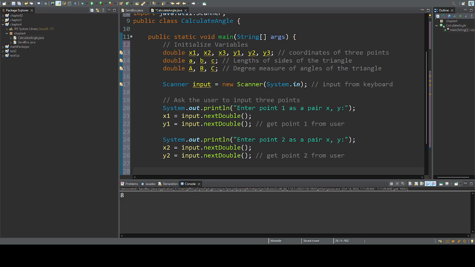All right, so I'm keeping track of things here. Right now I know what I need to input. I need to input 3 points. And then we'll calculate the size of the lengths between each point. So enter point 3 as a pair. I'm not having the greatest typing day today.